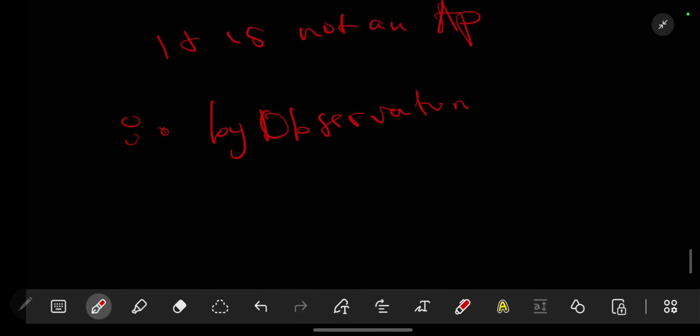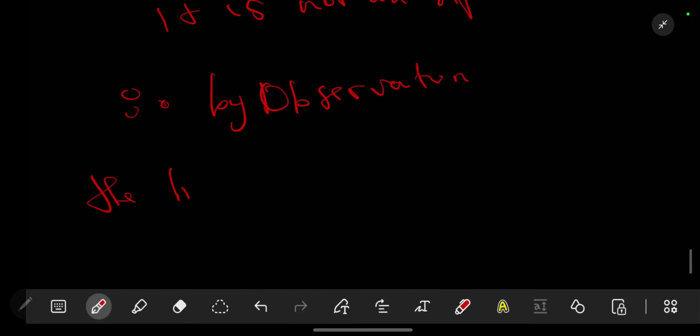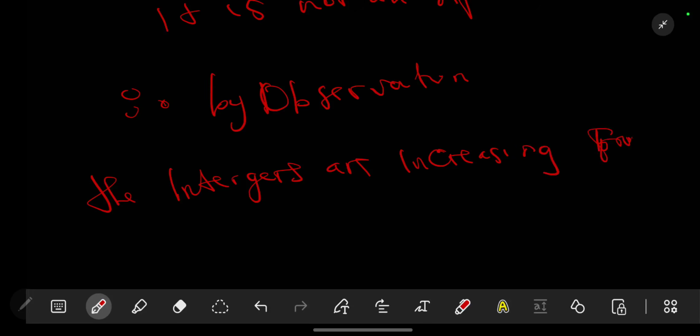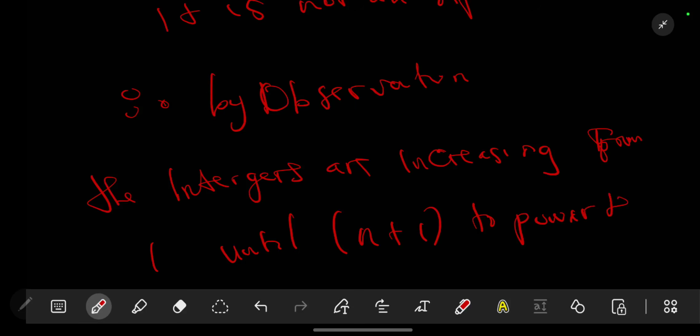So we are going to say the integers are increasing from 1 until n plus 1 to the power 4.